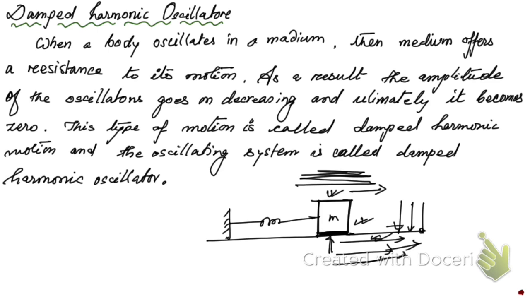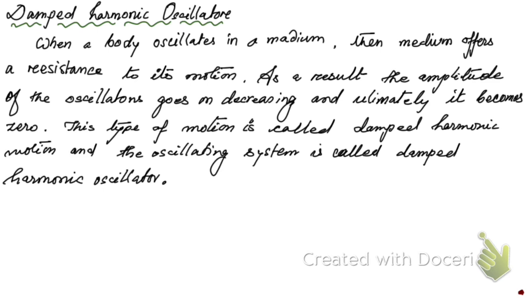Hope you have understood this. This kind of oscillation is damped harmonic oscillation. Because of the friction, it oscillates going towards right and left, and the second time its amplitude will be decreasing like this, and the third time too.